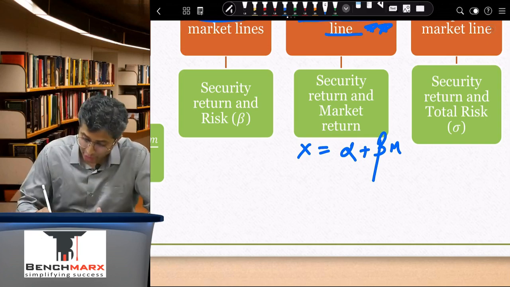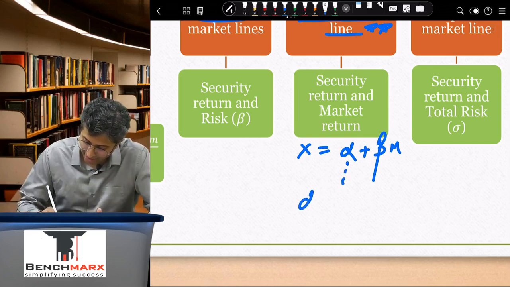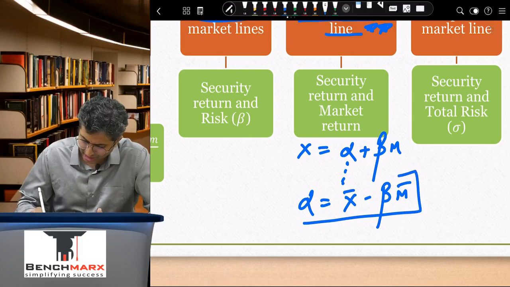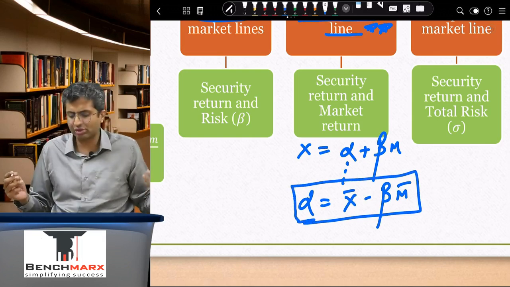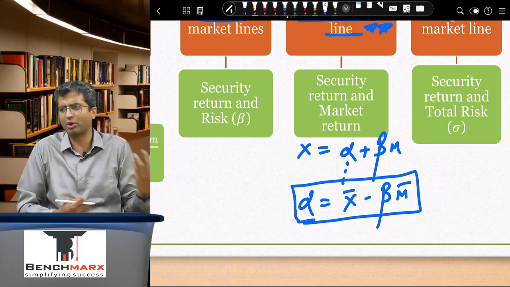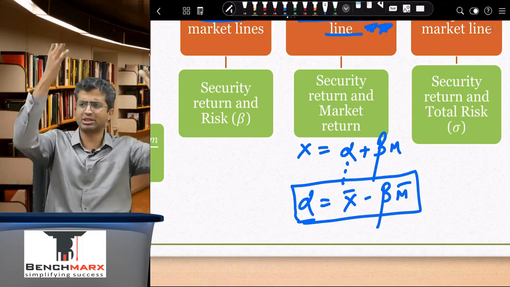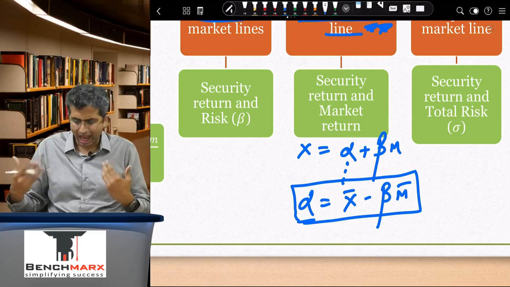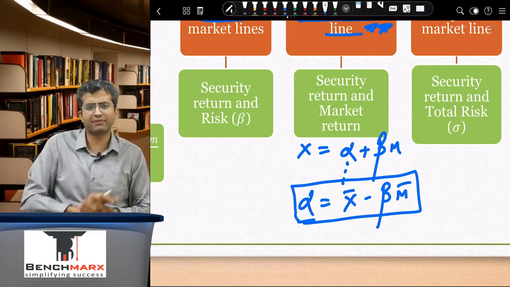That is exactly the same. You just have to remember that where alpha equals x bar minus beta m bar. So this is x bar remains constant for all observations, beta remains constant for all observations in the data, m bar will remain constant for all observations. So that alpha term will remain constant. Then as m is substituted, we can find x.